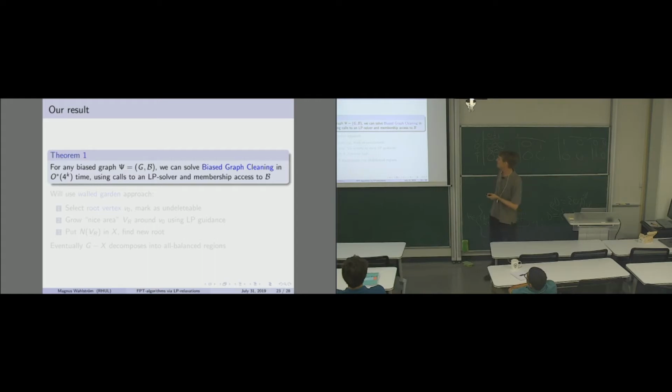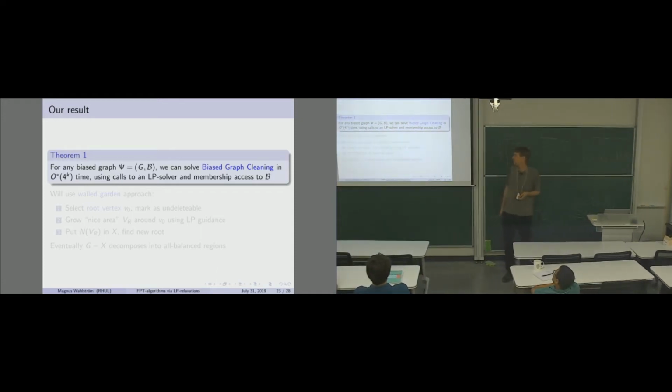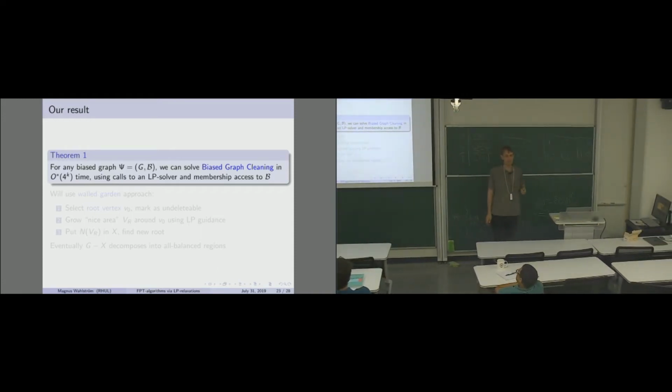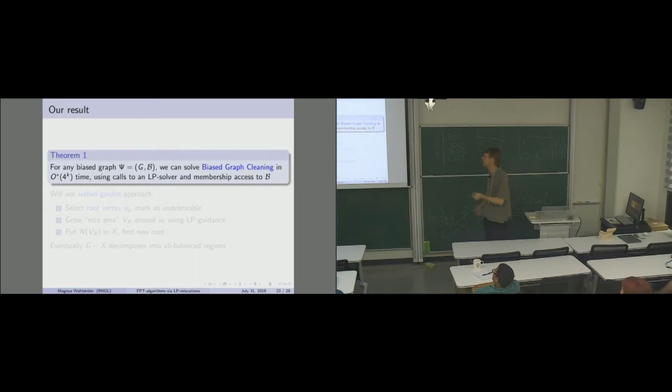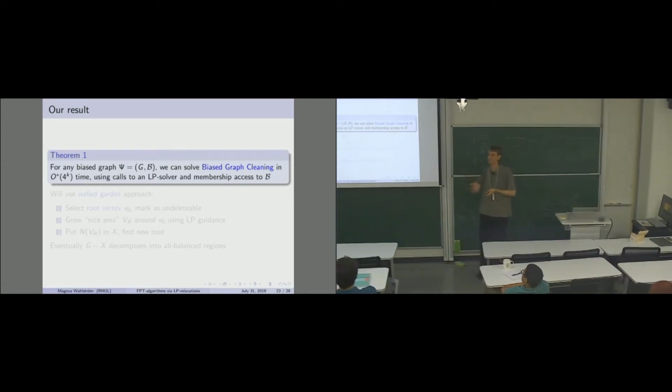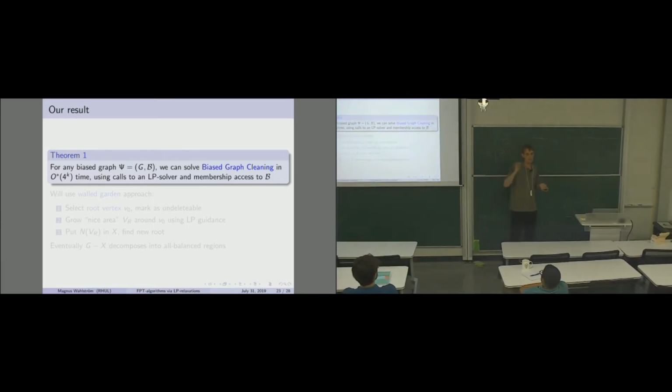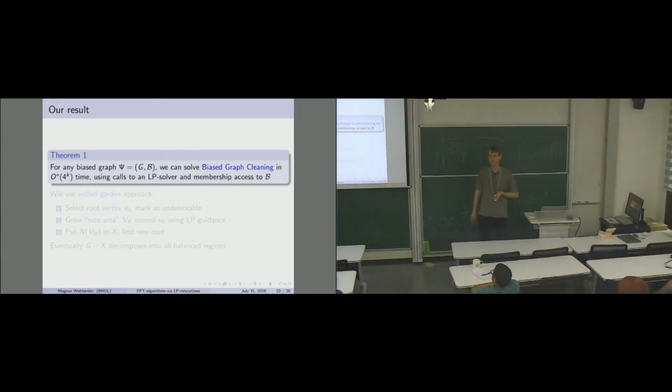So for every biased graph, we can solve the cleaning problem in 4 to the k time using an LP solver. This will be with not an explicit LP, but like the ellipsoid method or something, or separation oracles, and membership access to B.